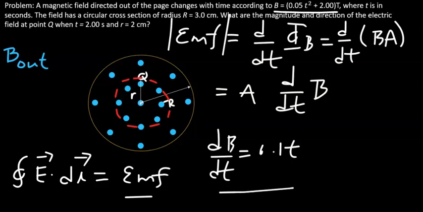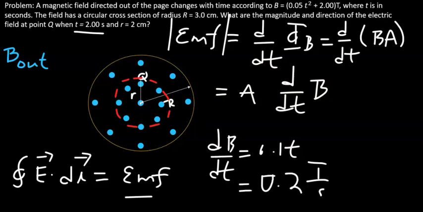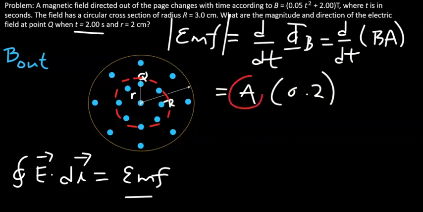That's what you get by differentiating that expression with respect to time. When t is 2 seconds, your dB/dt will simply become 0.2 Tesla per second. So you can substitute dB/dt with 0.2. Now what about this area? That area is the area shaded here, a circular area with radius little r, 2 centimeters.